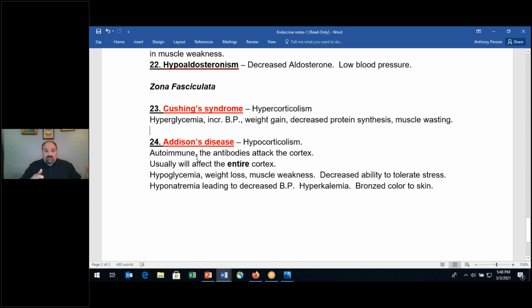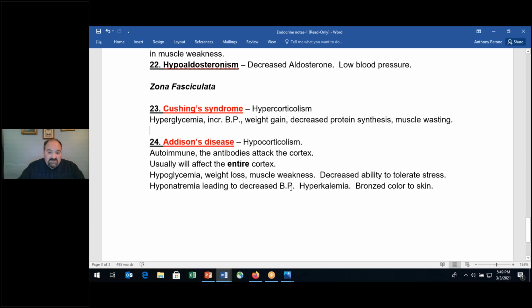issues with cortisol being produced by the fasciculata, but other hormones will also be in low production. You'll see hypoglycemia, weight loss, muscle weakness, decreased ability to tolerate stress, because again, cortisol is a stress hormone.